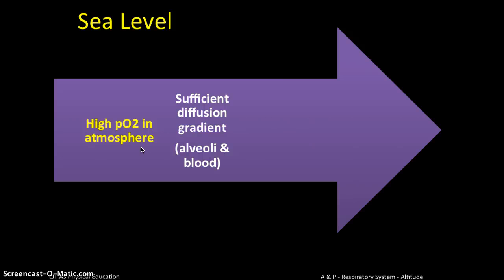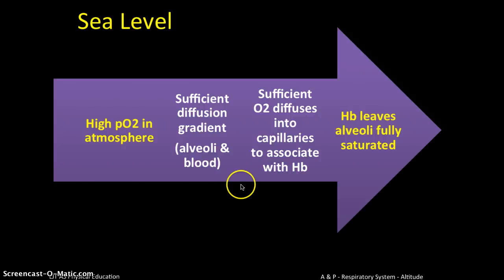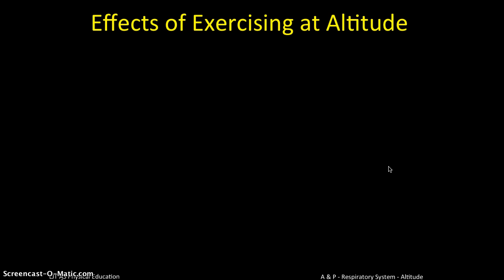And then we know that the oxygen associates or combines with hemoglobin, and the hemoglobin leaves the alveoli going off round our body in our blood fully saturated. So that's quite a positive situation. We have enough oxygen in the atmosphere and ultimately our hemoglobin leaves the lungs totally topped up with oxygen.